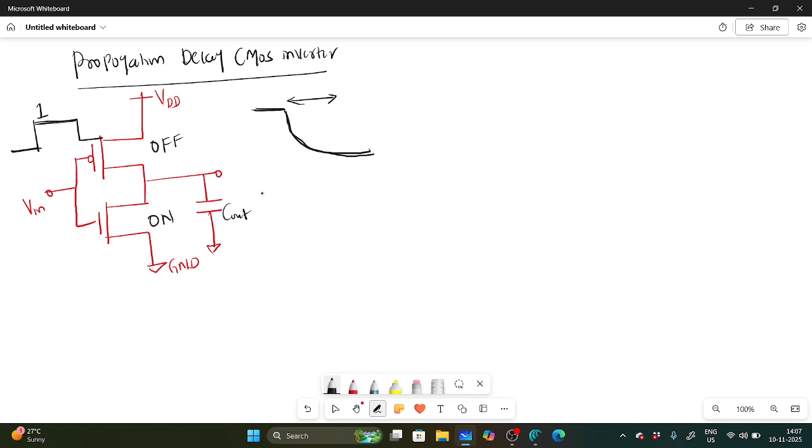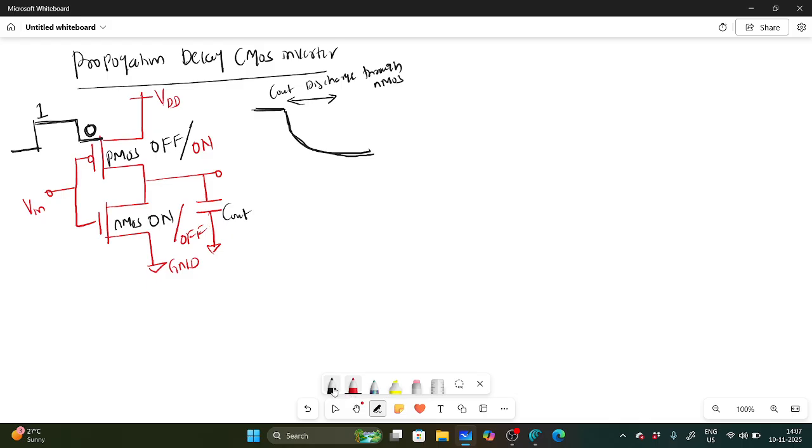So my C out discharges through the NMOS. After that, when the output is coming to 0, the PMOS will be on and the NMOS will be off.